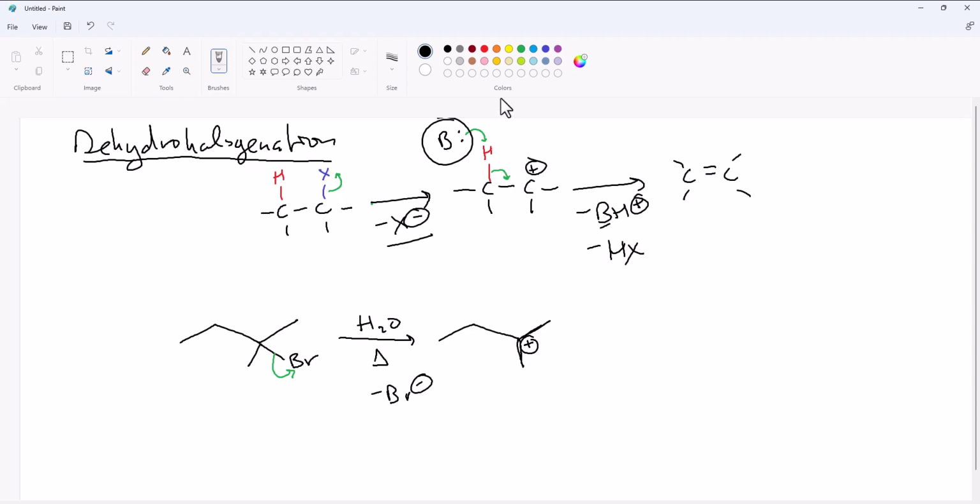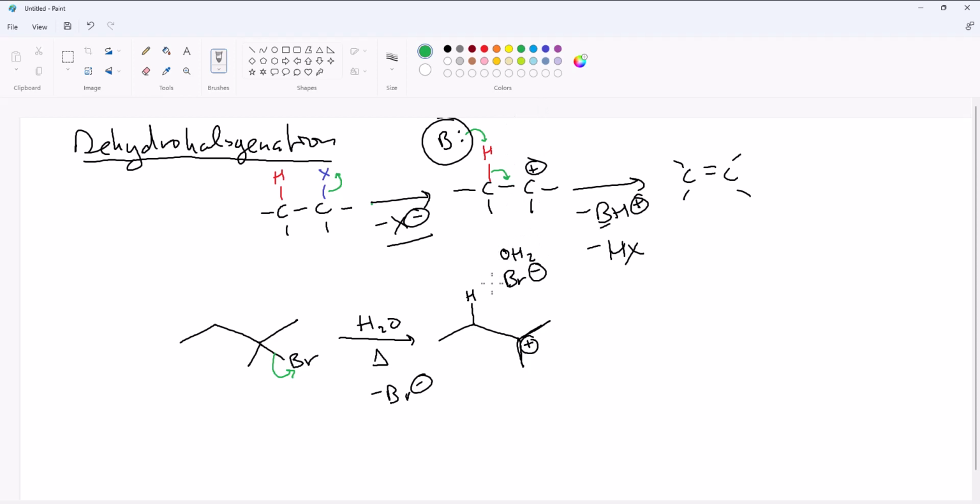Now, as we saw in the last video, Zaitsev's rule predicts that we will form the more substituted double bond. So if we pluck off the internal hydrogen, we would instead form a trisubstituted alkene. So that's what we're going to do. I'm going to draw bromide plucking off the exogenous hydrogen. You could also draw water plucking off the exogenous hydrogen.